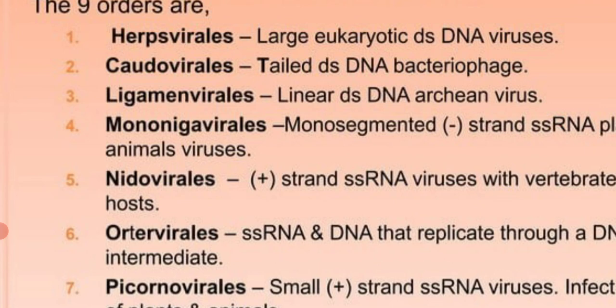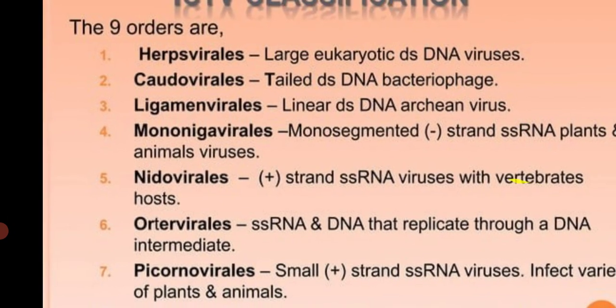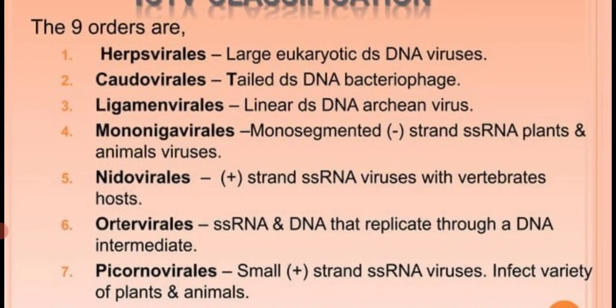Then the fourth, Mononegavirales, consists of single-stranded RNA plant and animal viruses, and this single-stranded RNA is monosegmented and negative sense RNA. Then the fifth order, Nidovirales, consists of positive sense single-stranded RNA viruses which infect vertebrates and animals.